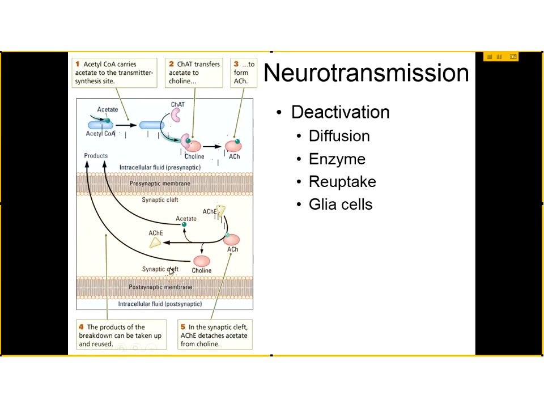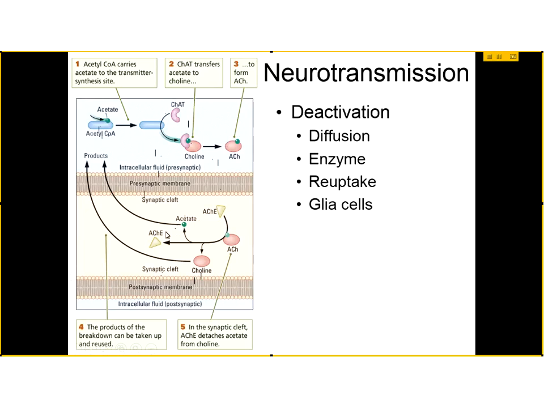Once those 2 components are broken down, acetylcholine cannot influence the characteristics or the receptors postsynaptically. All these have to be reabsorbed presynaptically and go through this process again. So you have to make the acetylcholine, it has to be released, it has to be deactivated, it has to be reabsorbed, and you have this continual kind of process.